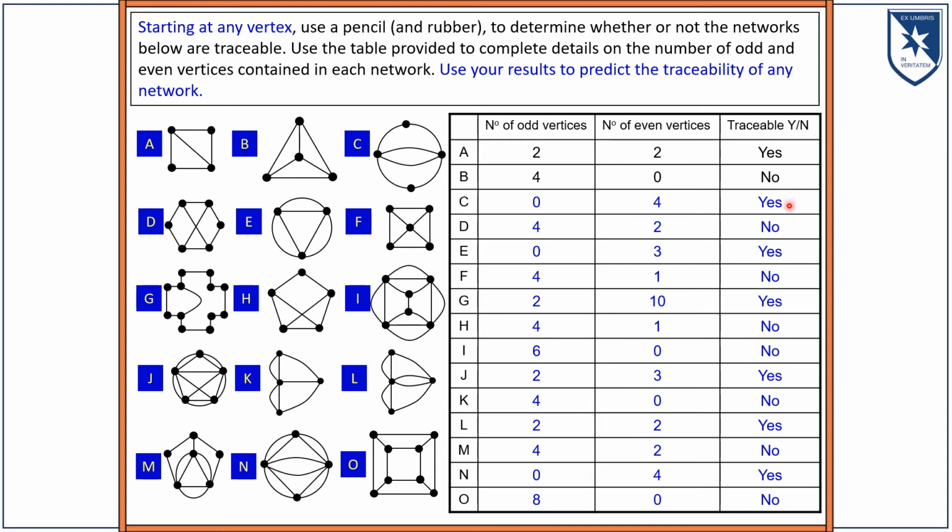The third one here is yes, with 0 odds and 4 evens. The next one to say yes is shape E with 0 odds and 3 evens. If you start looking at the connections between the numbers we get for the number of odd and even vertices and the answer yes, we should see a pattern.